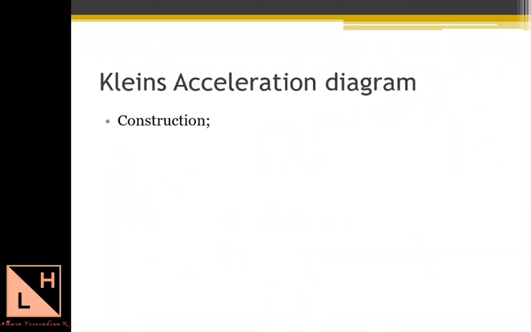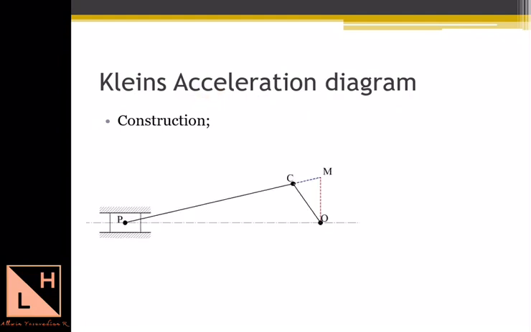Next we will discuss is Klein's acceleration diagram. Like we constructed the Klein's velocity diagram using the steps what we followed in the very beginning of this video, there are certain steps to find out the Klein's acceleration diagram as well. Using the already constructed lines which was used for the Klein's velocity diagram, we'll continue from here by simply drawing a circle as you see here.